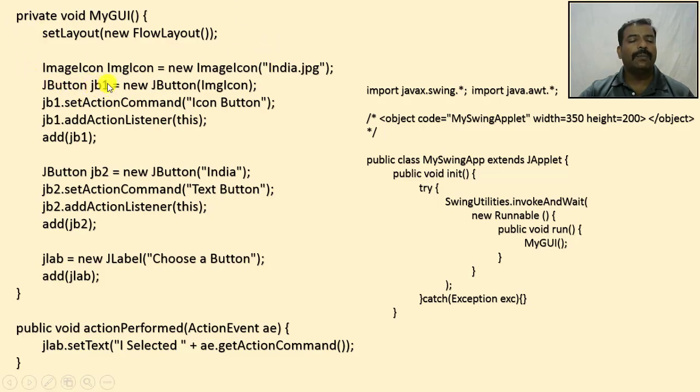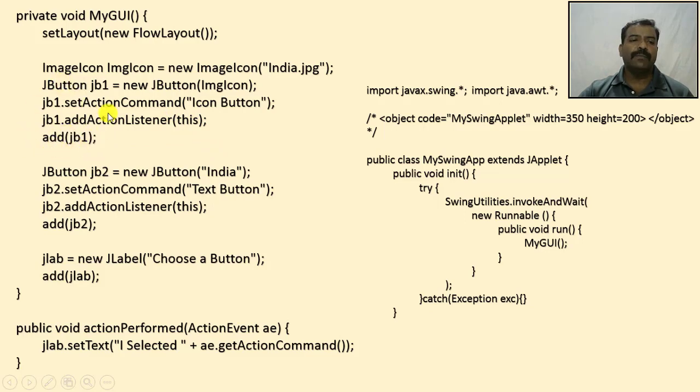I create an object for the class JButton, and right now the button I'm creating is using the image by passing the image icon as an object. And for this button, I'm going to set the action command as icon button. And I'm going to add an action listener. Whatever the current action listener is, I'm going to set that itself as the action listener. And I'm going to add this button.